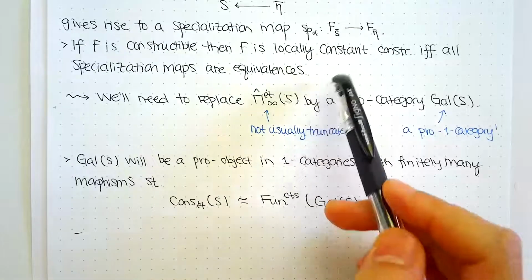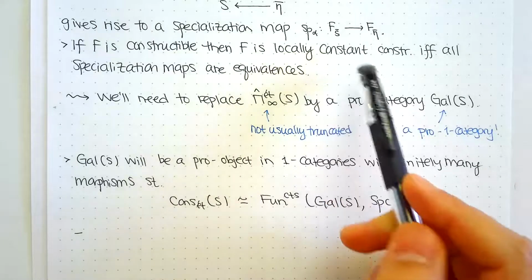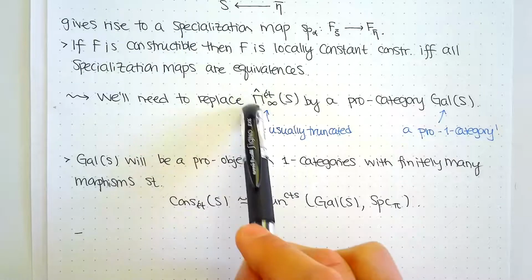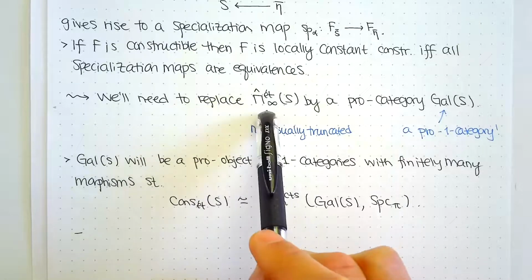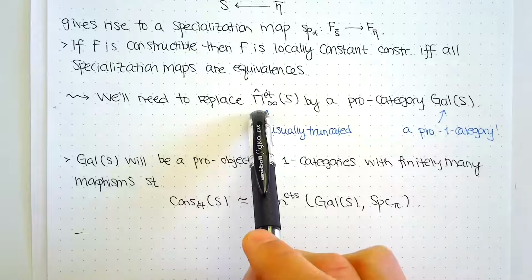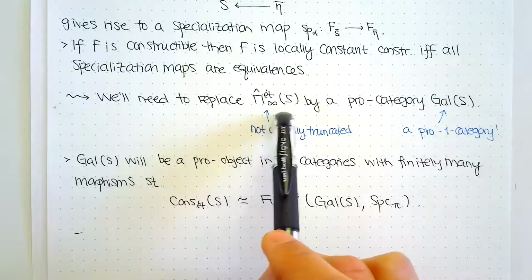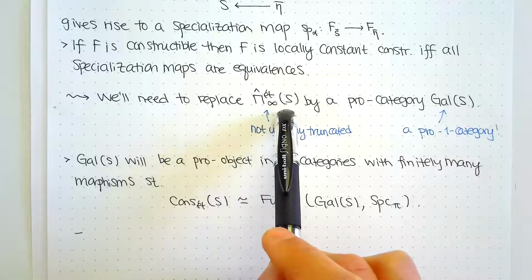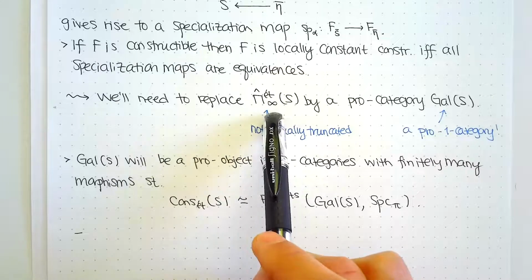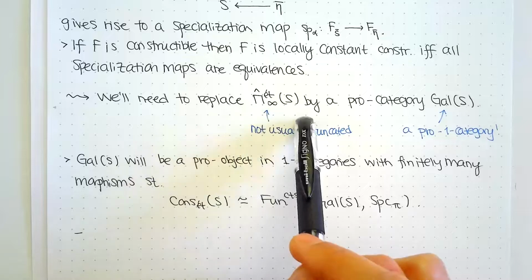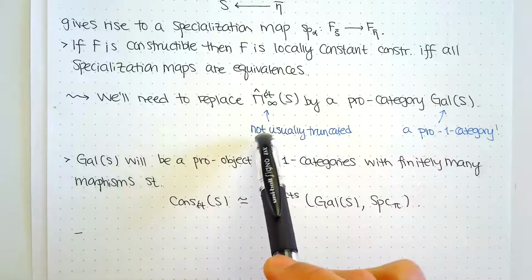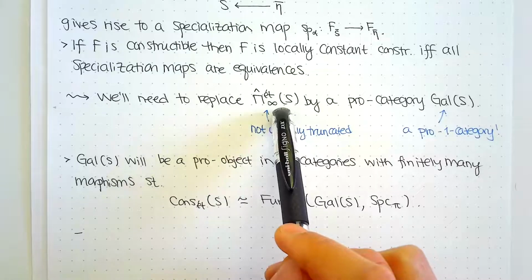You somehow, how you should think about this is a bit hard to get a handle on, but one thing we'll see later is you can actually describe this basically as having objects, geometric points of your scheme, and then a bunch of equivalences between these objects that are kind of hard to describe in general.